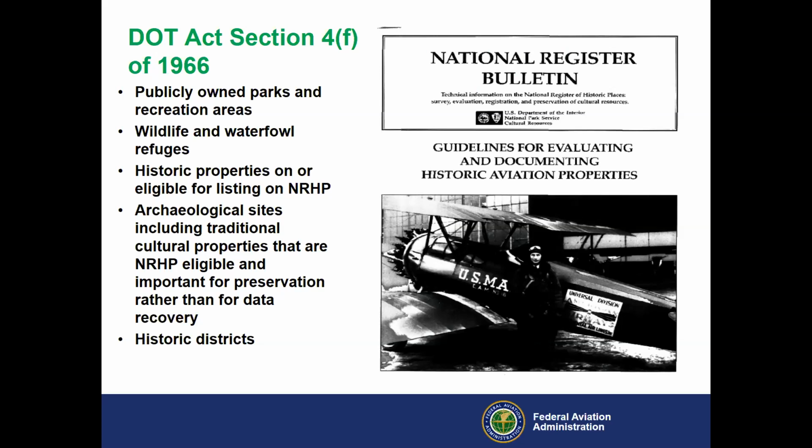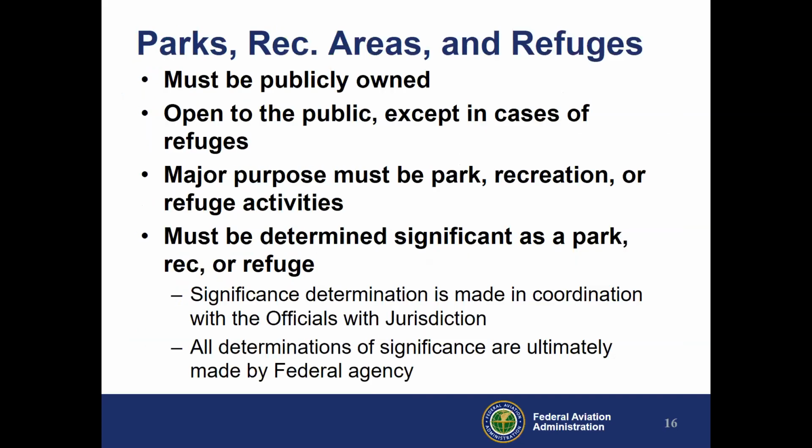And it pertains to publicly owned park and recreation areas, wildlife and waterfowl refuges, historic properties on or eligible for the register, archaeological sites and TCPs that are eligible or on the register, and historic districts. So there's very specific defining criteria for each of those categories.